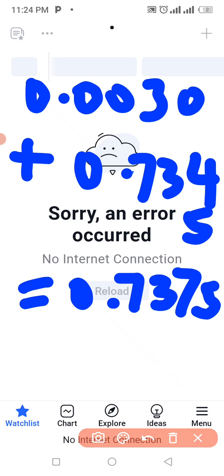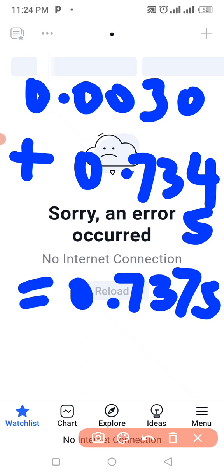In time I'm going to create another video that will enable us to determine our stop loss and our take profit. By adding whatever you want to gain or whatever you determine to lose, you calculate it and add it to the current price and know where to put your stop loss, or you calculate it and subtract it from the current price and know where to put your take profit, depending on whether it is a bullish market or a bearish market.